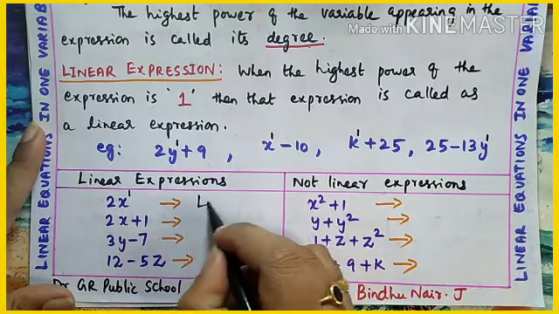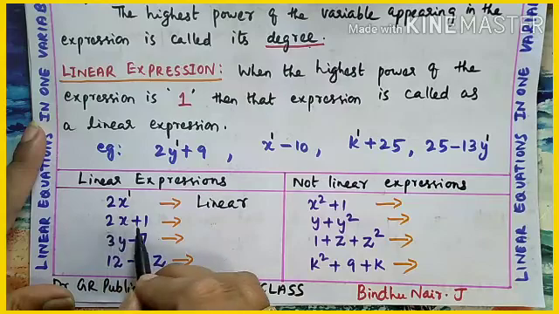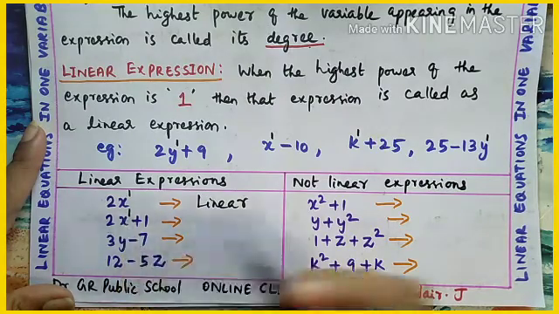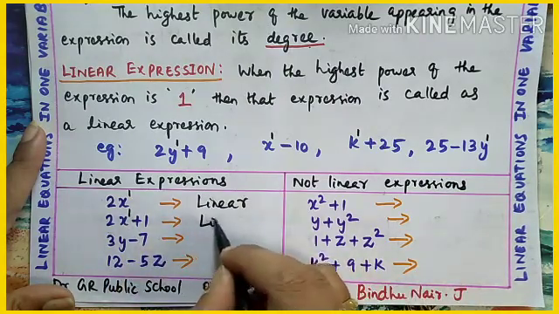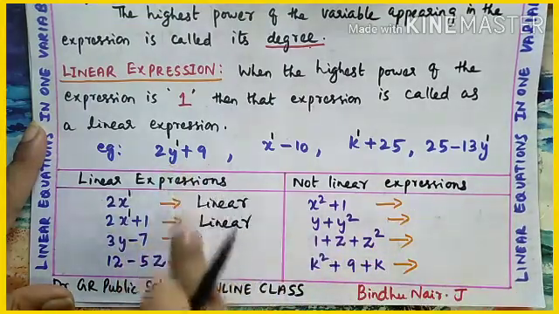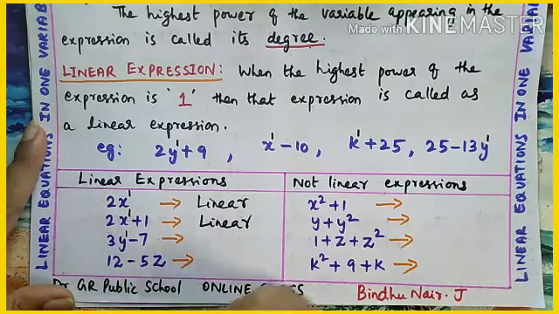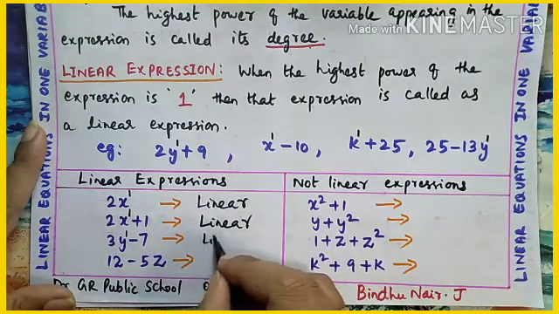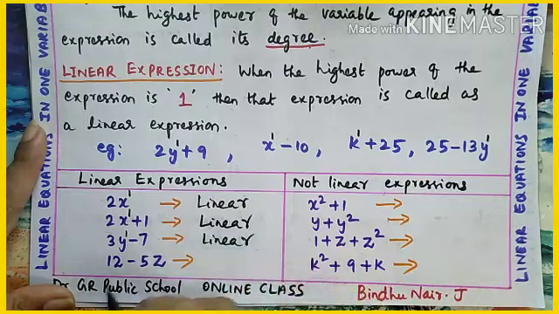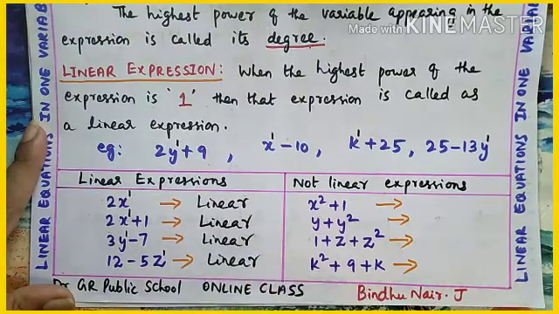So this is linear. Now 2x plus 1: here also the power of x is 1, so this is also linear. 3y minus 7: here also the power of the variable is 1, so this is also linear. And 12 minus 5z: here also the variable z has power 1, so this is also linear.